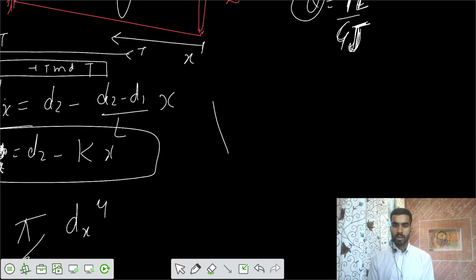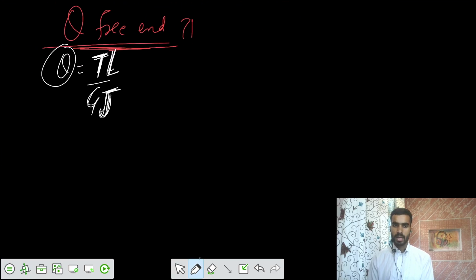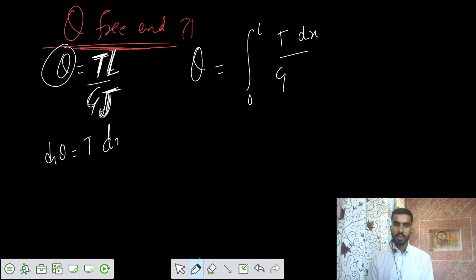If you take that smaller strip here, the total theta contributed is equal to the integral from 0 to L of T L by G J. So you take a strip of dx, because you have d theta equals T dx by G pi by 32 D at any x power 4.